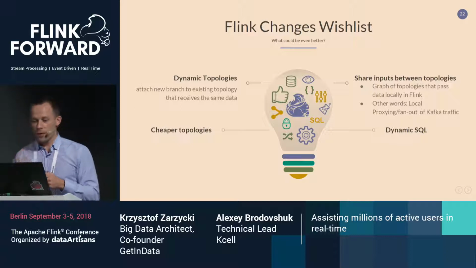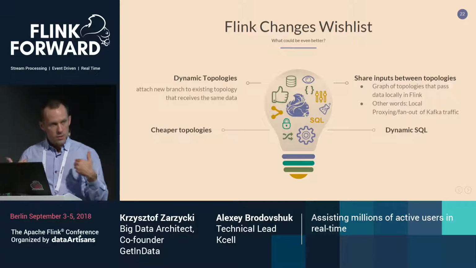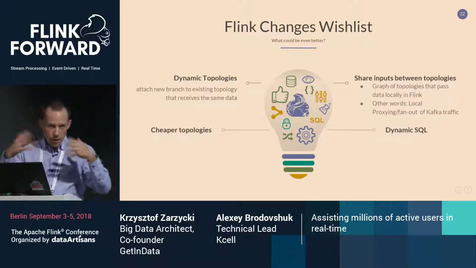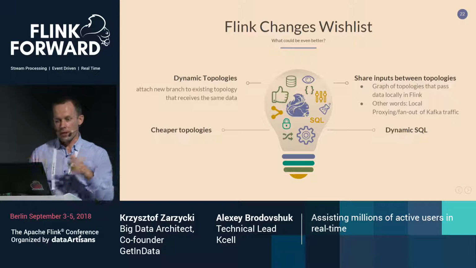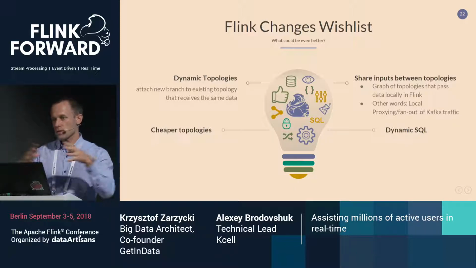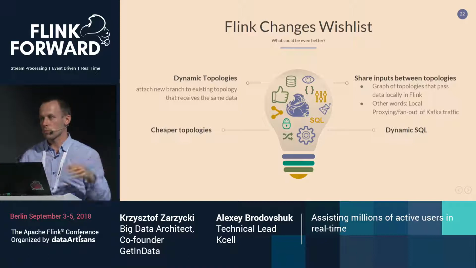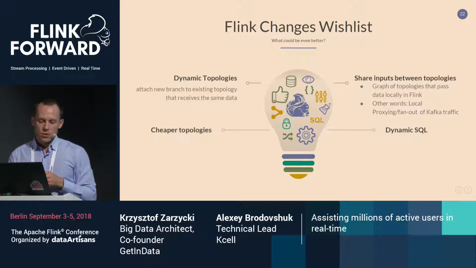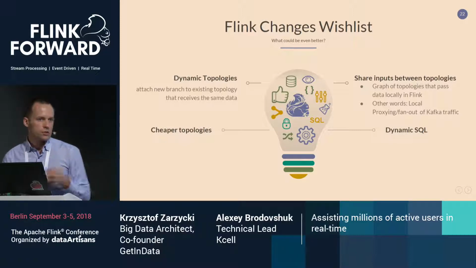The great thing is that you pull the data once from Kafka and fan it out to multiple triggers. Somehow there could be a cache inside Flink that saves the data: pull the data once, save it, and distribute it among multiple branches of the topology. But of course, that would also require cheaper topologies so that the overhead of topologies is not big.